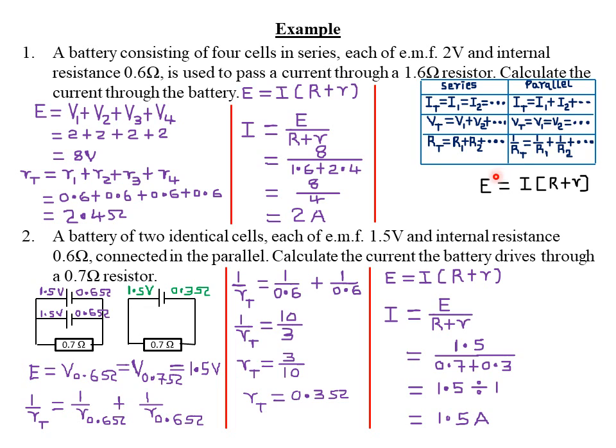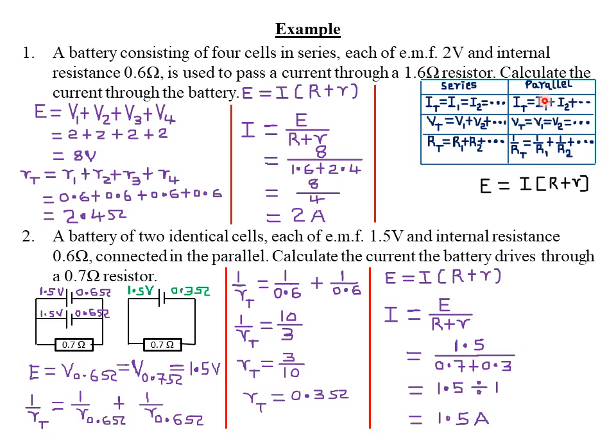So the first thing that we need is the E, or the EMF. And remember, the EMF simply represents the total voltage. Because we are talking of a parallel connection, for any parallel connection V total must be equal to V1, which must be equal to V2. And remember, the V total is just the EMF, the electromotive force.